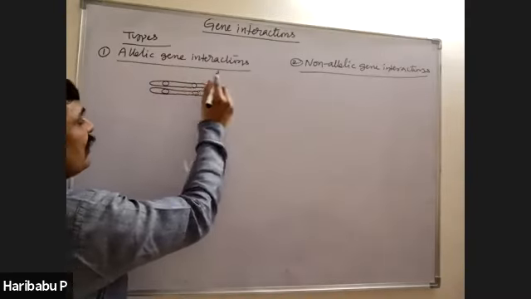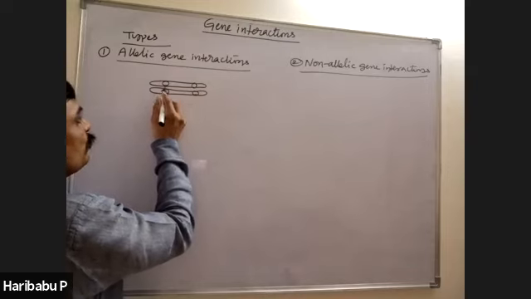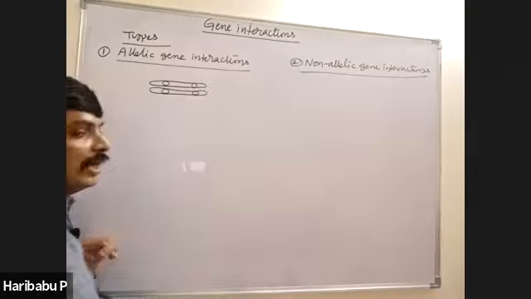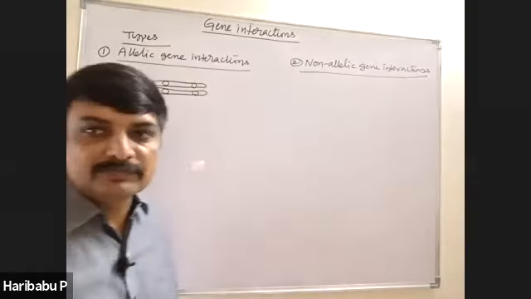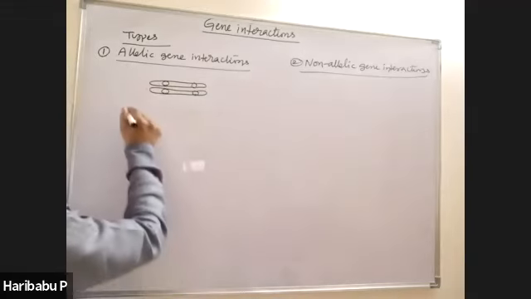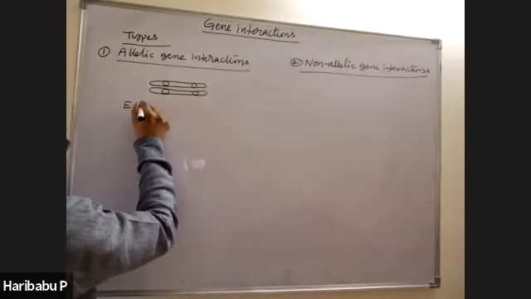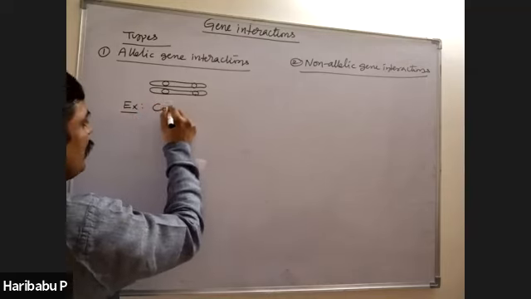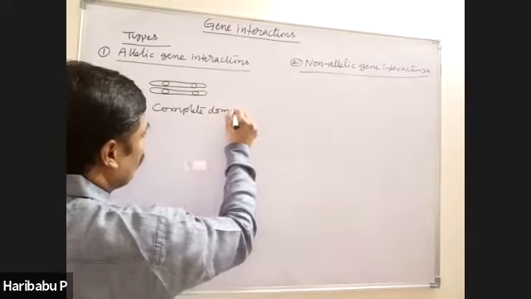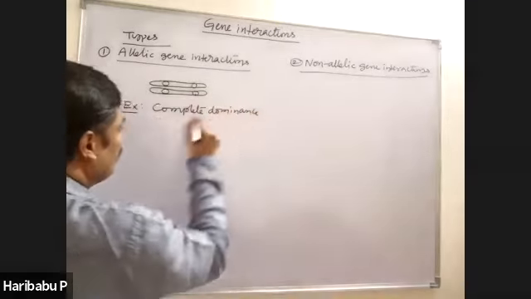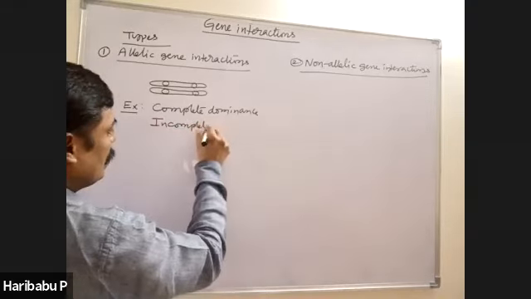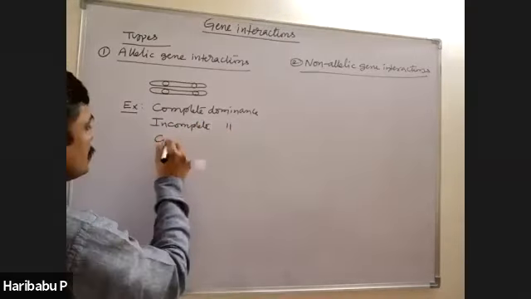When interaction occurs between two alleles of the same locus, such interactions are called allelic gene interactions. The best examples for allelic gene interactions are complete dominance, incomplete dominance, and codominance.